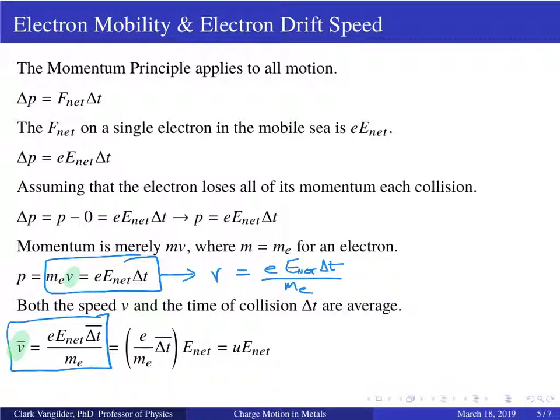But since I changed that one to an average, I also have to deal with the average collision time. Does that make sense? If I'm going to make the speed an average, I need to make the collision time an average, because that's what we were talking about, going back to that zigzag graph diagram. All right?